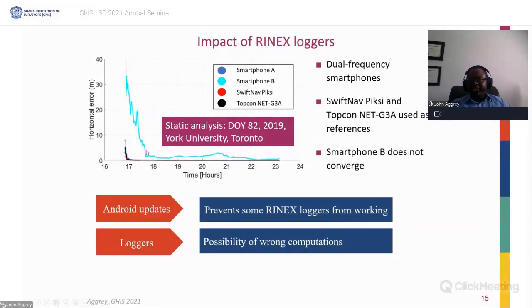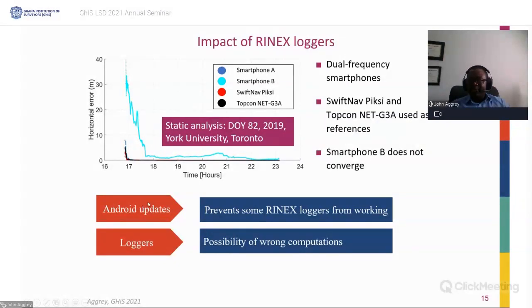What I discovered whilst doing the experiment was that depending on the Android updates that you're obtaining on the phones, it can actually prevent some of the phones from logging the data correctly. So if you are using any smartphone to do any kind of work, especially surveying or any kind of positioning technique, be careful to prevent the Android updates from going on.